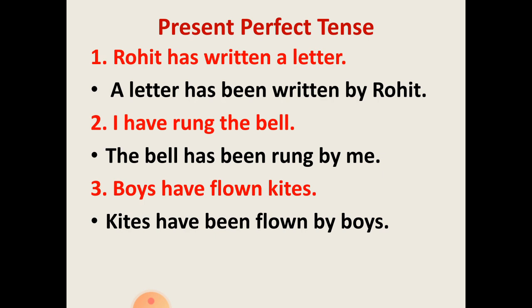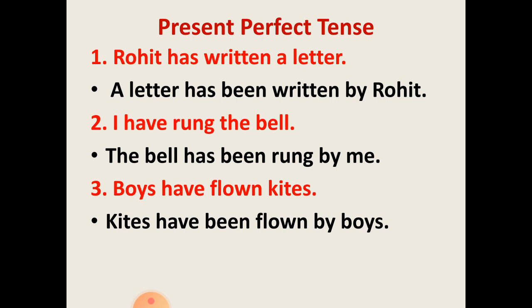Okay, so now let's see the examples in present perfect tense. First example I have taken: Rohit has written a letter. Here Rohit is the subject, has written is the verb, and a letter is the object. In passive voice, the object a letter will become the subject. So a letter, and then we add has been written, add the preposition by, and then Rohit. The answer is: a letter has been written by Rohit. In the second sentence, I have rung the bell.